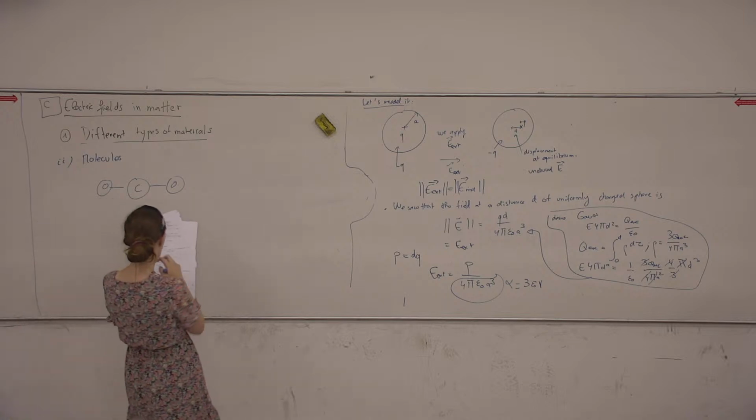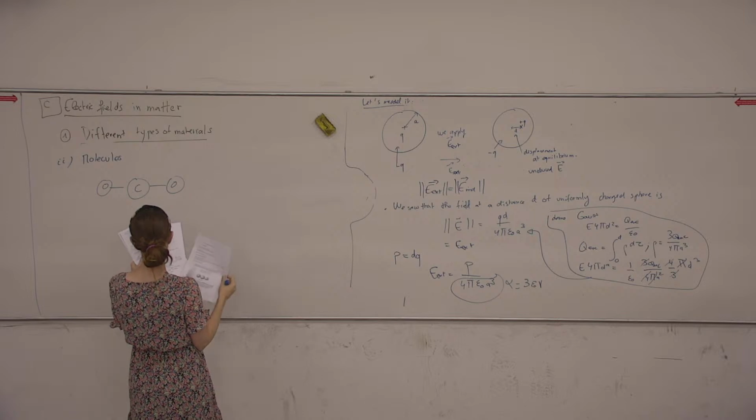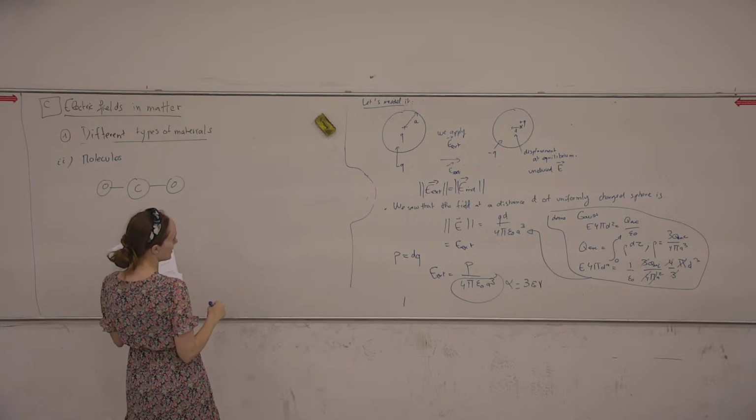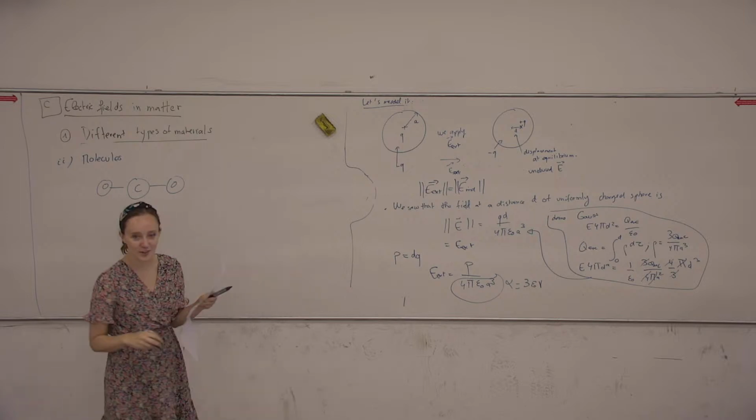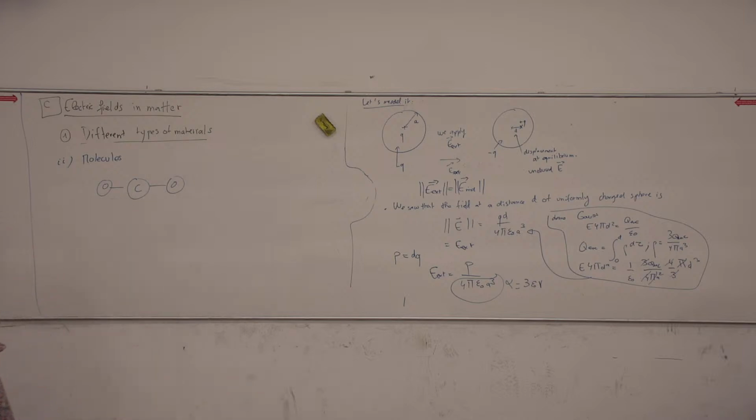And because this is the case, I won't be able to describe the polarizability by a single parameter anymore. What will I need if it depends on directions? A matrix, a tensor.